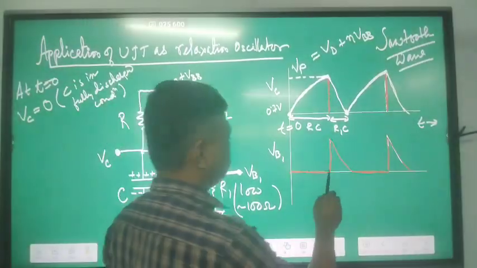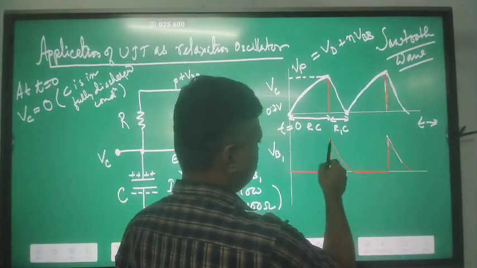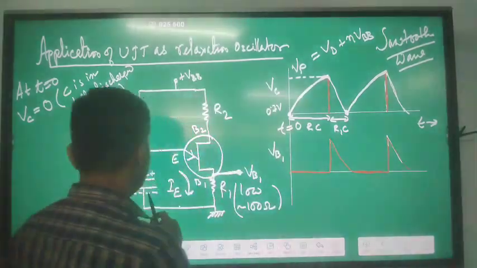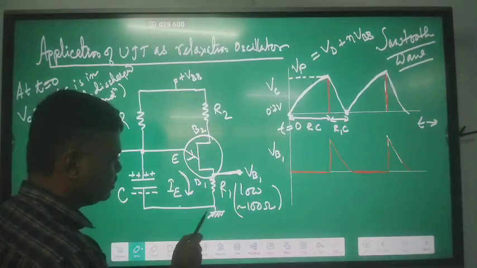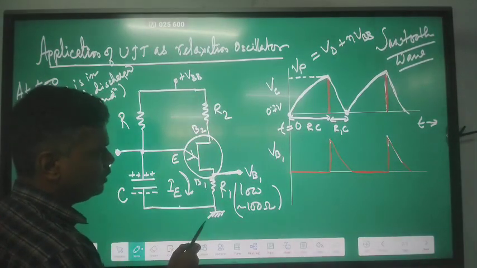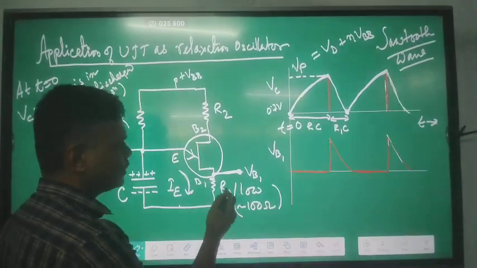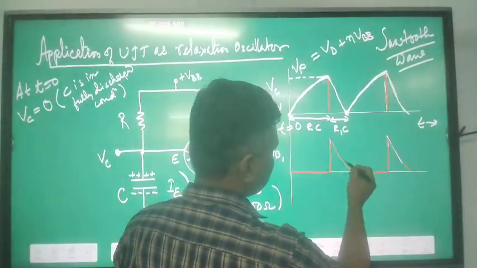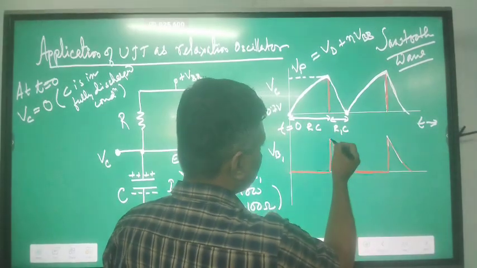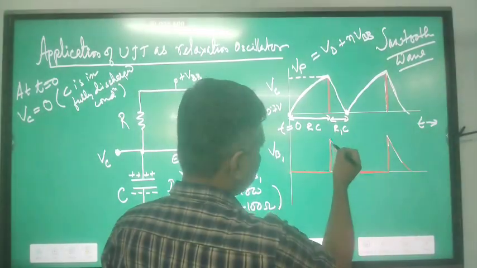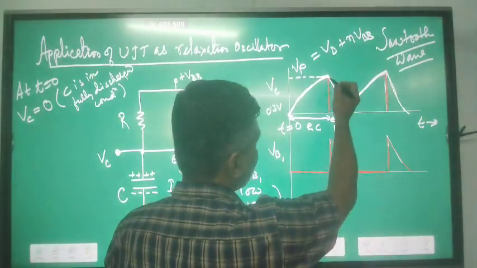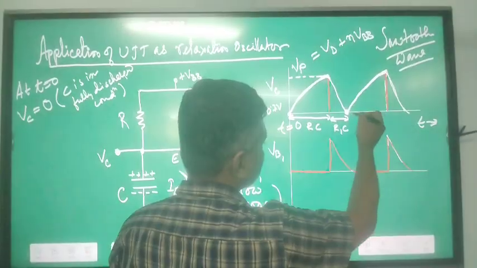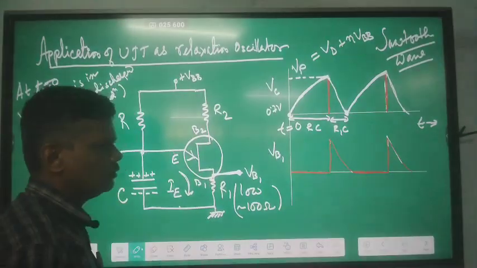So suddenly the voltage across R1 will rise. Now this capacitor will slowly discharge through it, and accordingly the voltage across R1 will also decay or decrease exponentially. So the voltage across R1 will decay exponentially as the voltage across C decays.